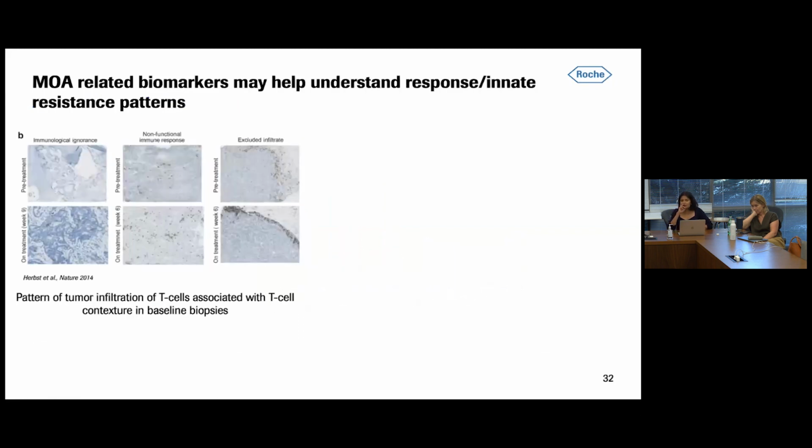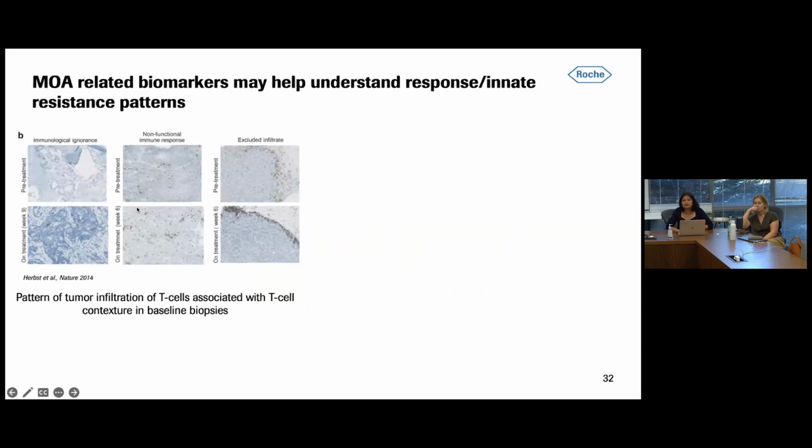What's nice about MOA-related biomarkers is that they can also help you understand response and resistance patterns in tumors. And this is from the same phase 1 study where we had pre-post biopsies from pretty much every patient in this trial.